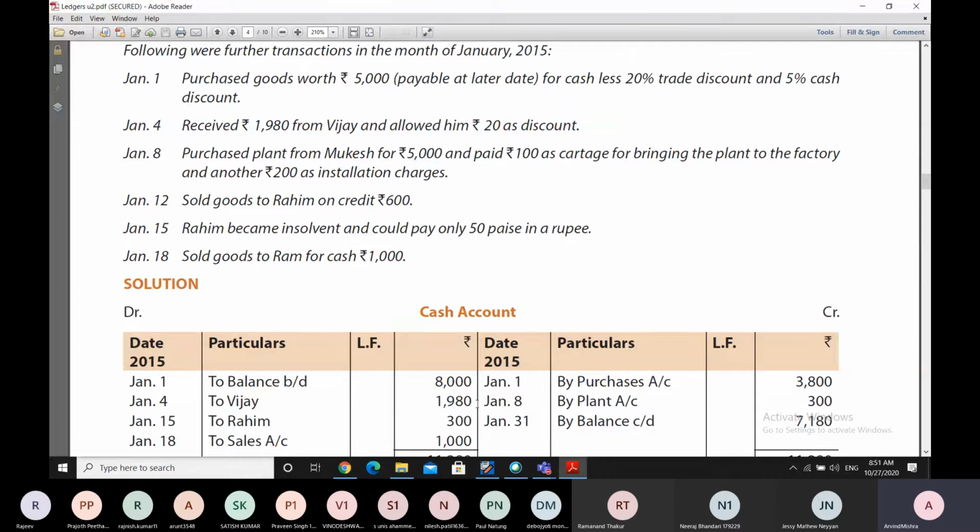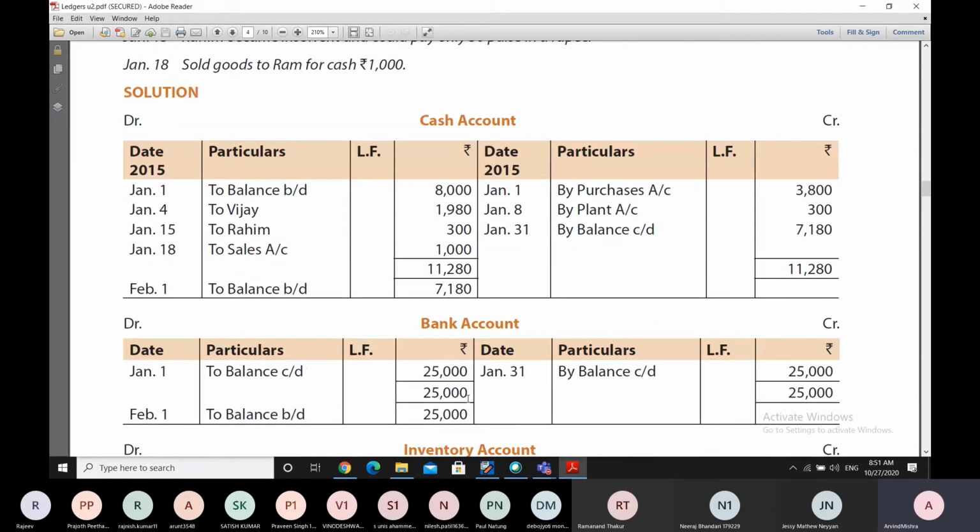So when we debit the cash account by 1,980, which account are we going to credit? So we are going to credit Vijay's account. So the corresponding entry will go into Vijay's account here. 1,980 is a debit entry in cash account. The corresponding entry will go into Vijay's account.